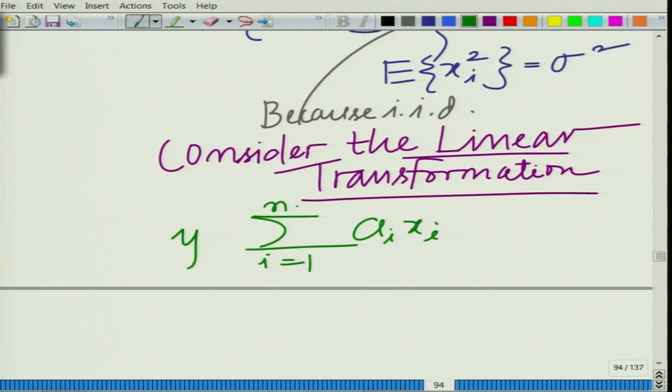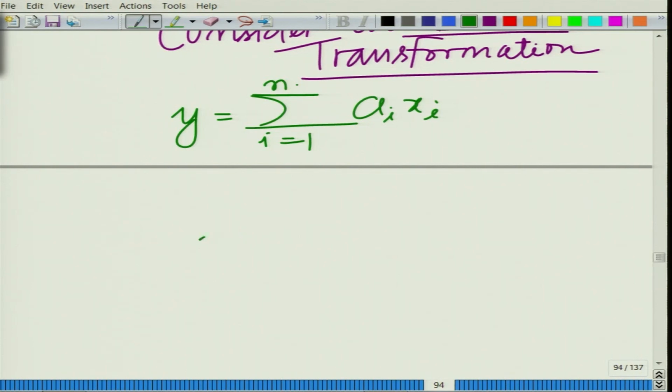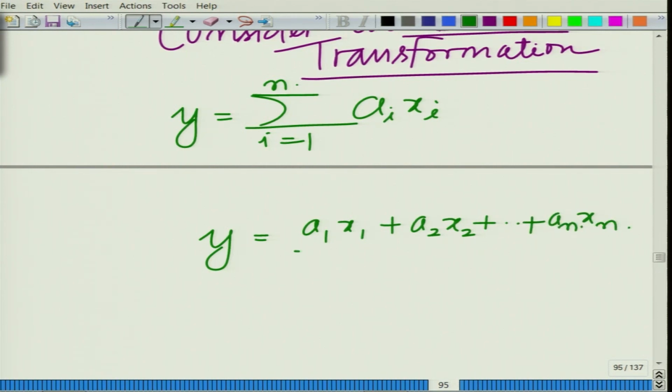So, we are forming a single scalar quantity, y, which is basically a1 x1 plus a2 x2 plus ... plus an xn, that is, you are taking a weighted linear combination. This is what is called a weighted sum.